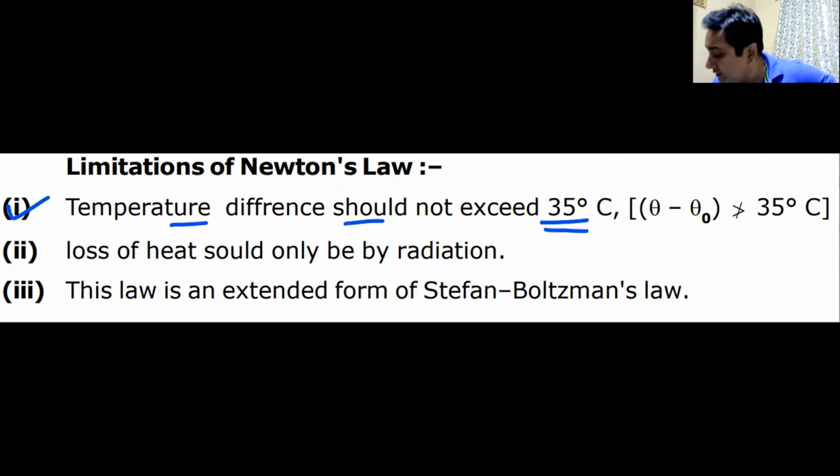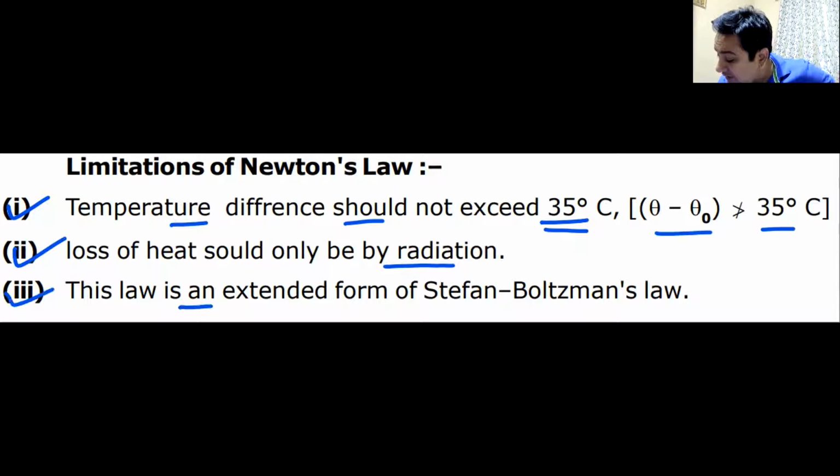Otherwise, my dear friends, with theta minus theta naught beyond that, the green formula is not valid. We'll have to move to the blue formula. Do we understand this? The green formula is only valid when the difference in temperature is less than 35 degrees Celsius. The heat is lost only by radiation, so we are neglecting the other modes, mainly convection and conduction.